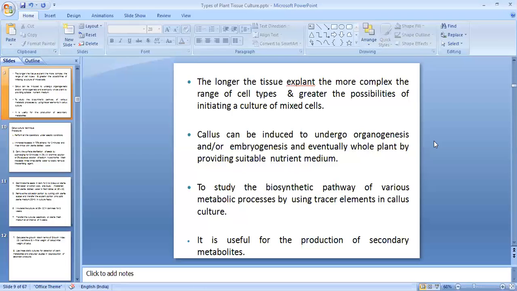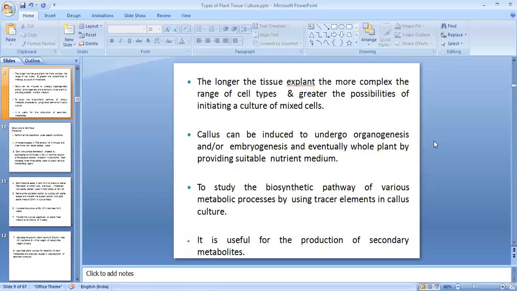Also, this callus is used to study the biosynthetic pathways of various metabolic processes by using tracer elements, and it is useful for the production of secondary metabolites. So what are the applications of this callus?